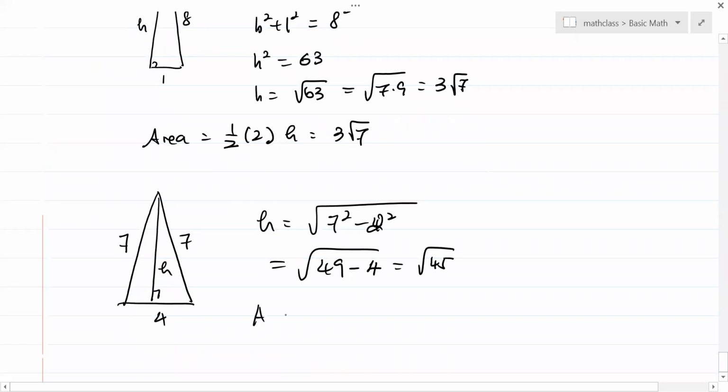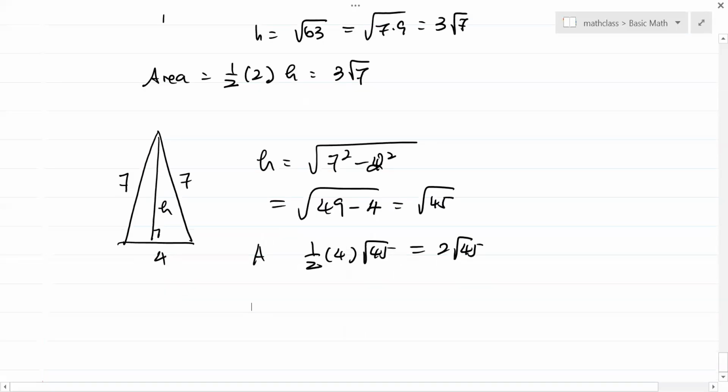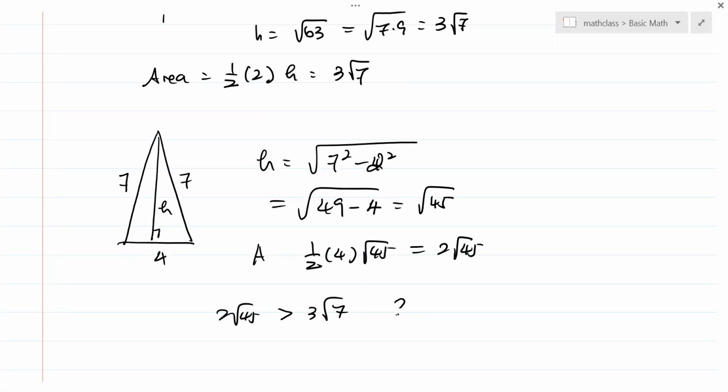Then the area is going to be half of the base times the square root of 45, which is larger than this. So you're actually increasing the area. Then you stop there, based on experience, since it's getting a larger area.